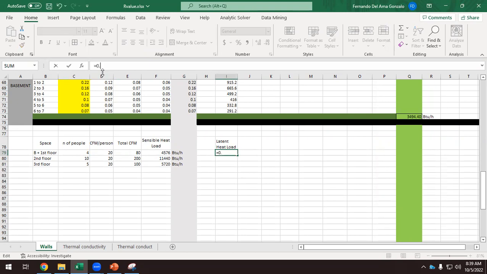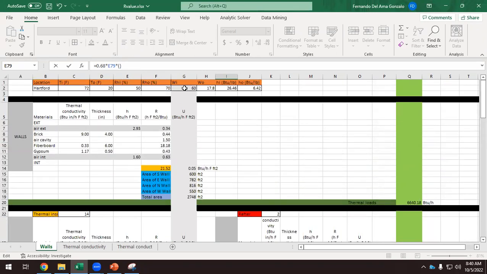It's 0.68 times the same CFM, total CFM that I have here, times, and now here I have to type indoor wet bulb temperature, which is this, minus outdoor wet bulb temperature. I type dollar and dollar.